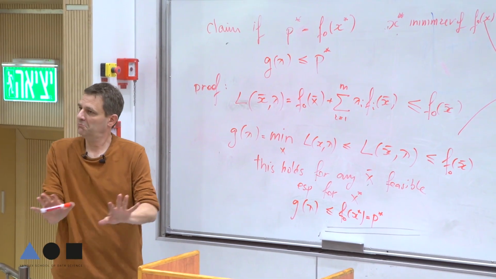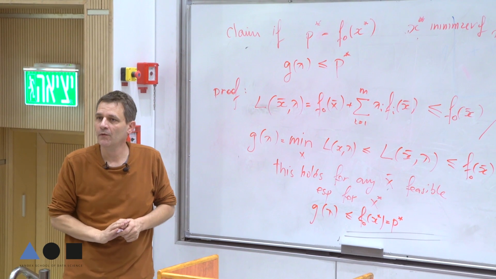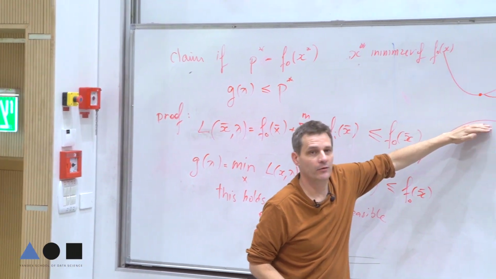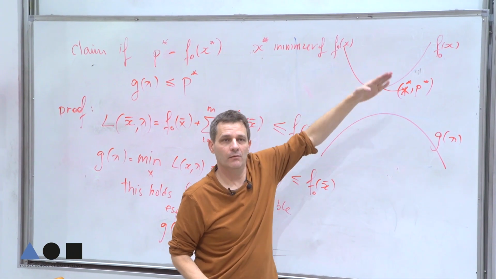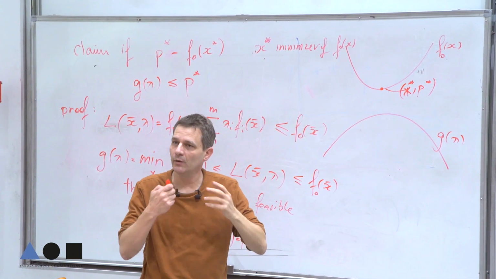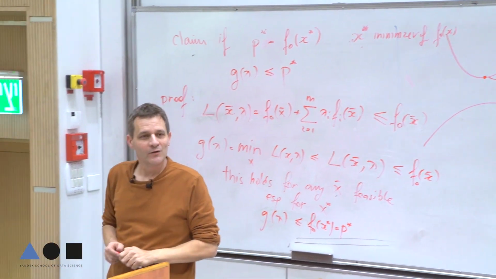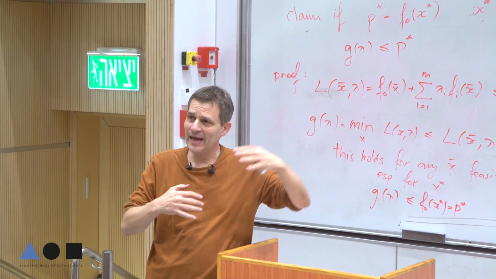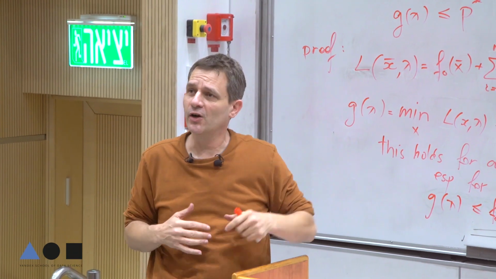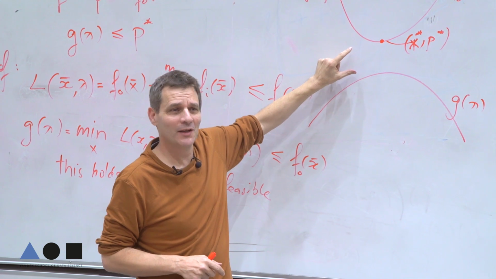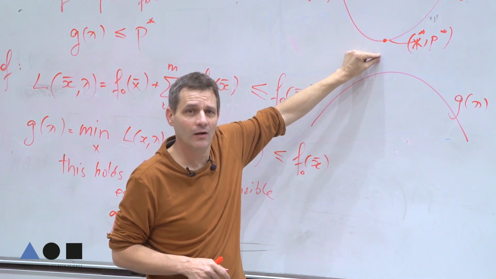So what I proved to you is that this dual function gives us a lower bound on the optimization problem that we are interested in. Now, lower bounds can be useful, but the gap might be very large. So in general, we would love cases where this gap is small.